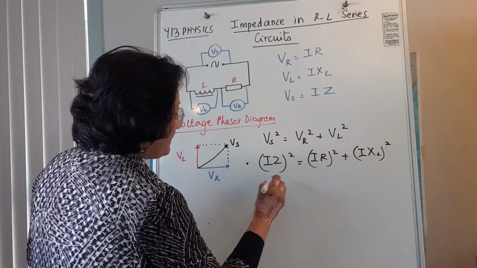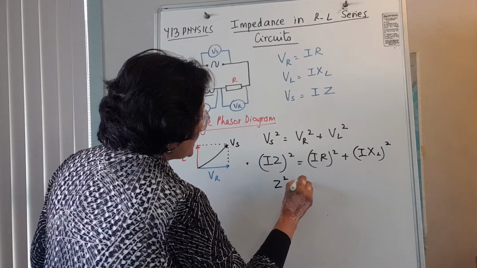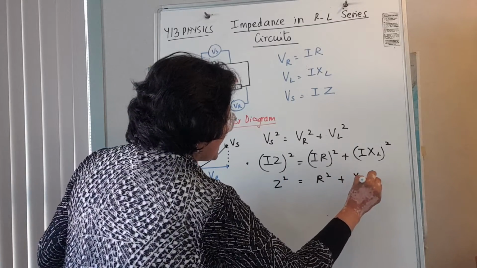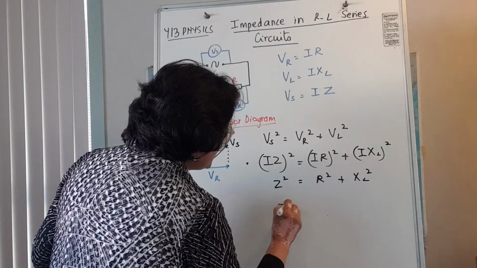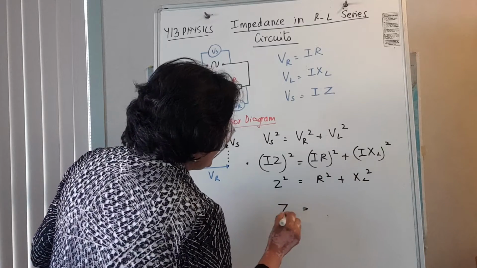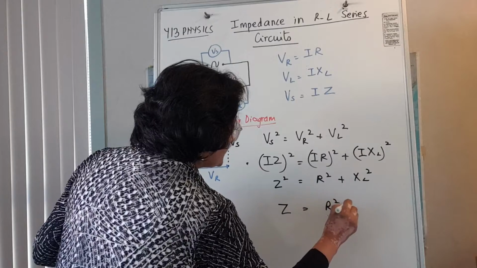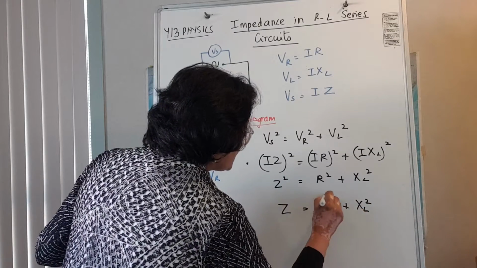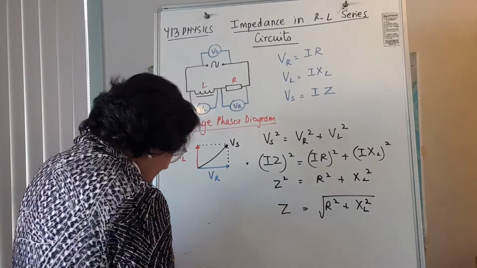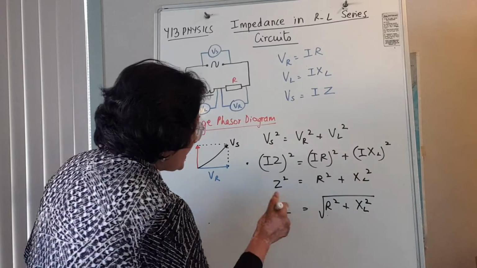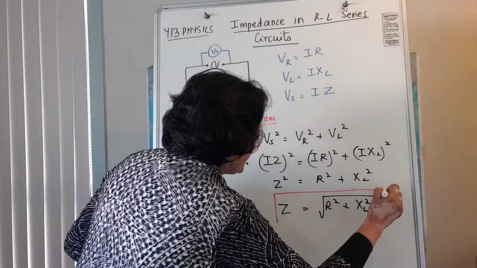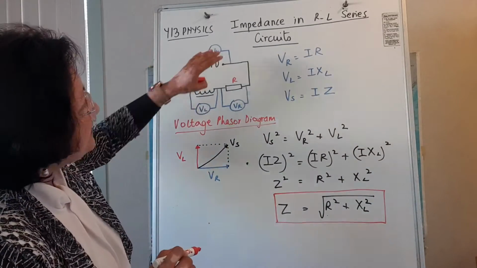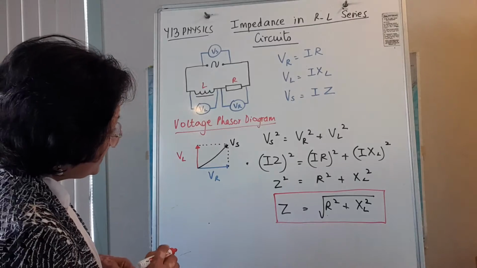I is a common factor, so you end up with Z squared equals R squared plus XL squared, or square rooting everything, Z is equal to the square root of R squared plus XL squared. So that's how you calculate the impedance of an RL series circuit.